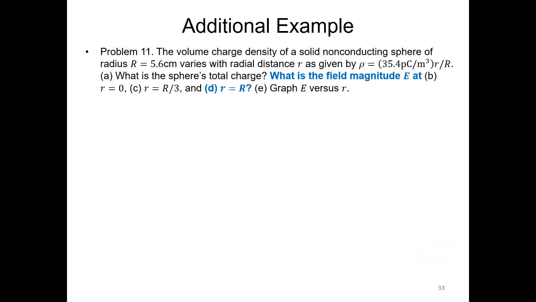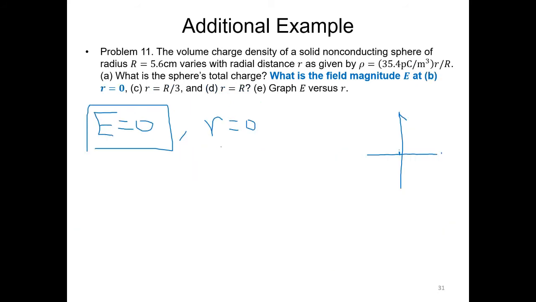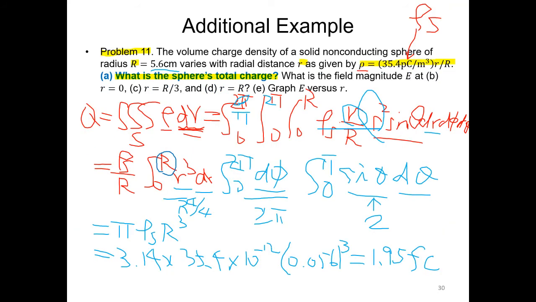Next, we want to calculate E at small r equals capital R. We already did this part in the first question. We have the total Q to be pi rho S R cubed.